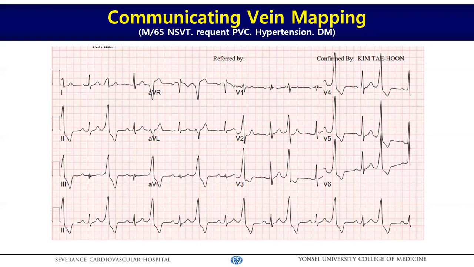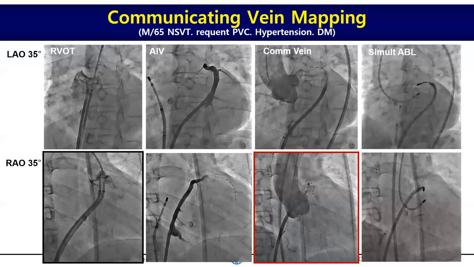This patient is a 65-year-old male who had attempted ablation for nonsustained VT. The ECG is similar to the previous patient, but characterized by a prominent R wave in lead 1. So even though it is the same summit, a more septal side is suspected. These are pulmonary angio, CS venogram, AIV mapping, aortogram, and kissing ablation catheter obtained from fixed LAO and RAO views.